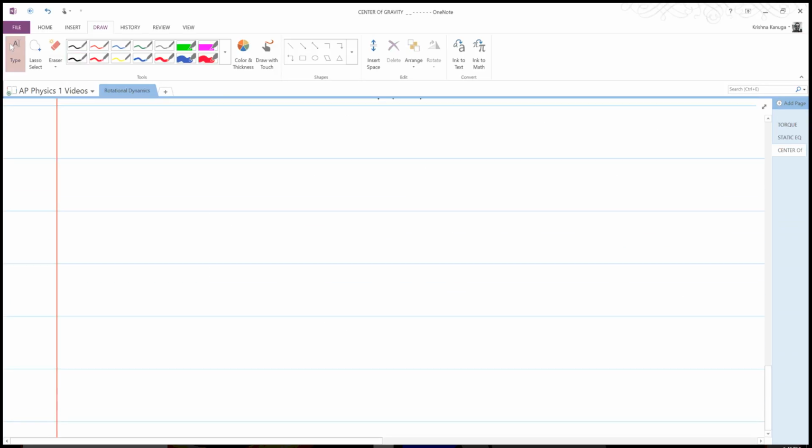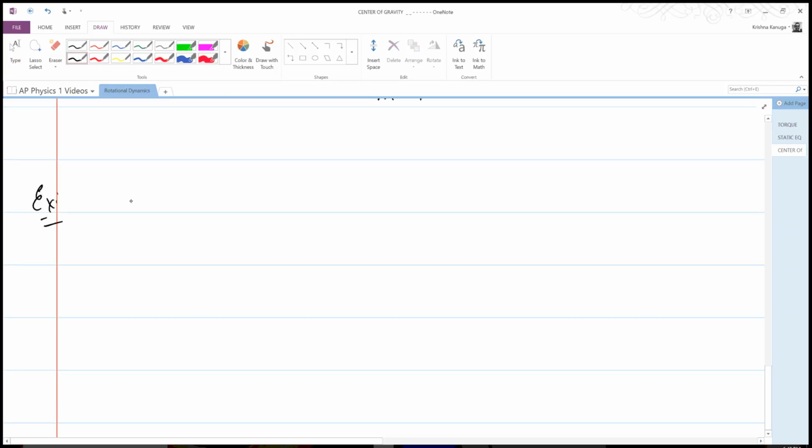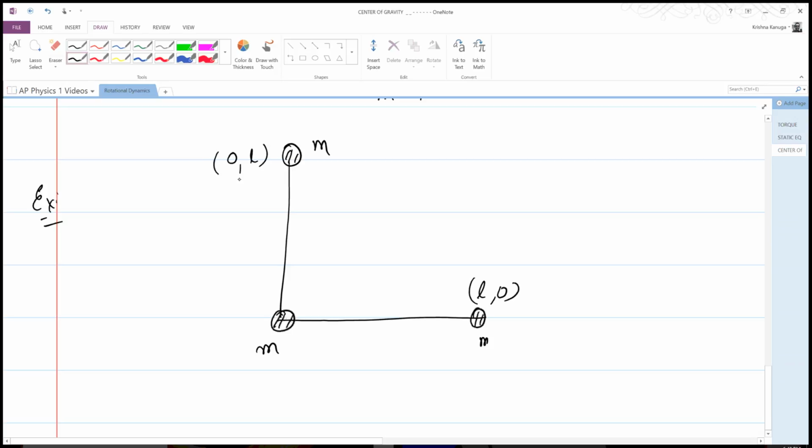Let's take a look at another example, where once again I have my axis. Let's say I have an m here, an m here, and let's put another m out here. Let the coordinates be L comma 0, 0 comma L, and obviously 0 comma 0.